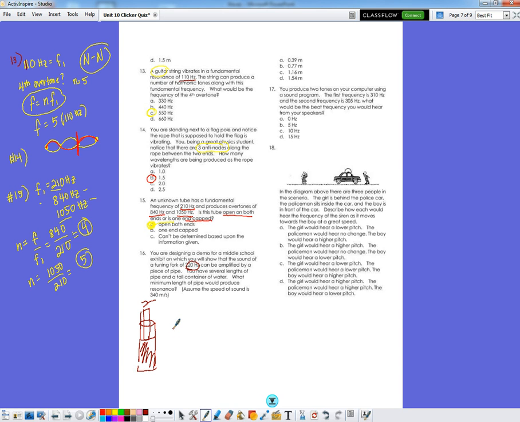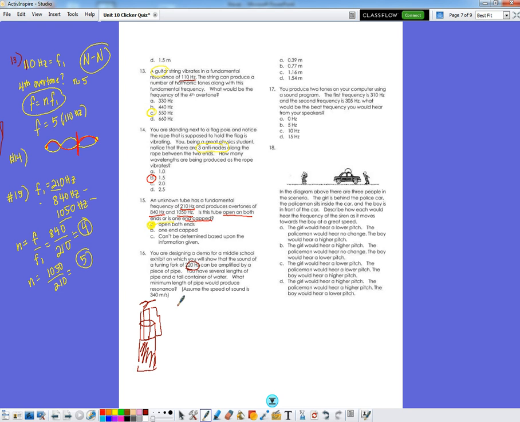The tube can amplify the sound. So the question is, what is the minimum length of the tube that you need to resonate?